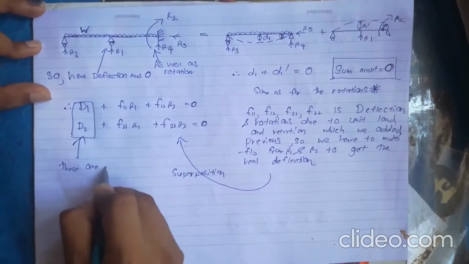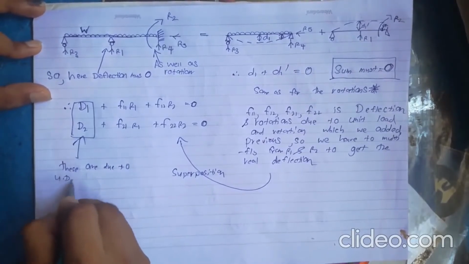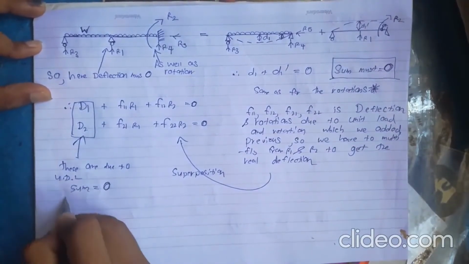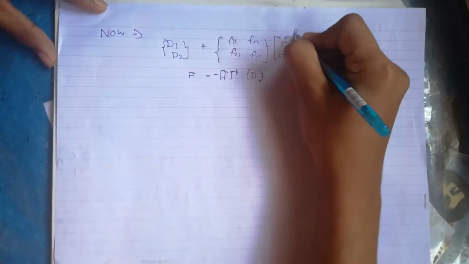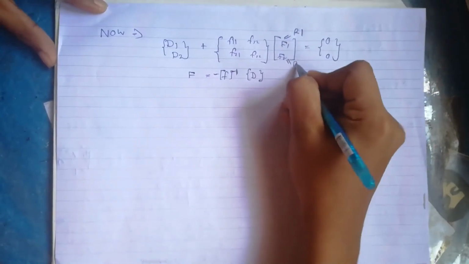D1 and D2 are due to the external UDL, so both are on the right side of the equation. So, the sum must equal 0.